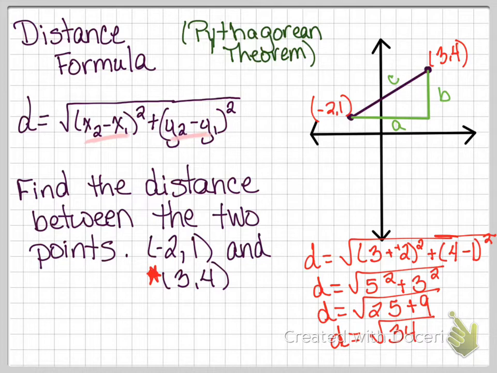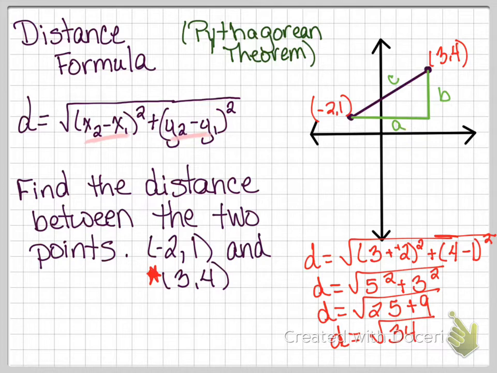That's just a really good habit to get into, is leaving it exact, because the square root of 34 is exact. Now, this is also an area where students forget how to simplify radicals. If I have the square root of 34, is there a perfect square I can pull out of that?